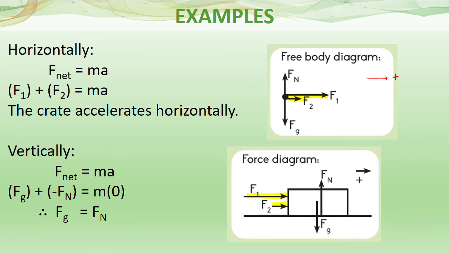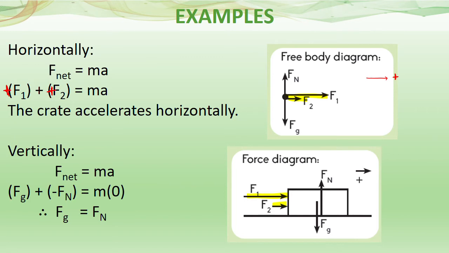Okay, goed. So ek het nou gesê, ek kies na regs as positief, as ek horisontaal kyk. In other words, both of these forces will have a positive sign. Want sien julle, ek het na regs gekies as positief, F1 is na regs en F2 is na regs.